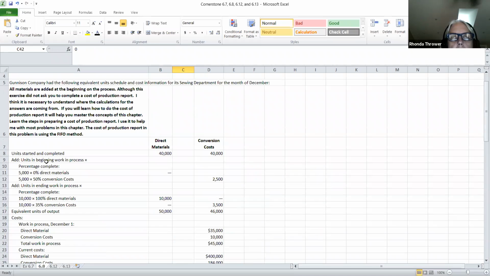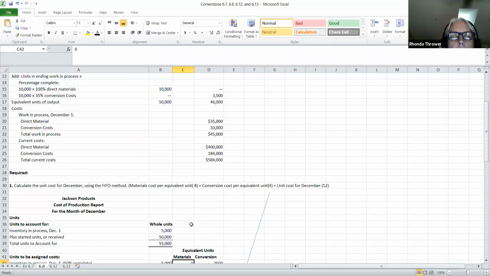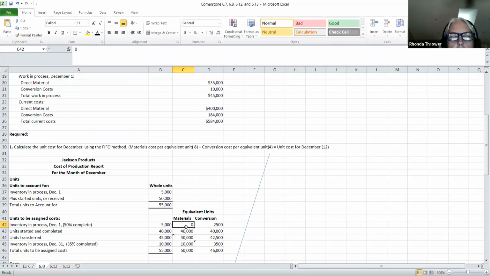Since beginning inventory comes from last period's ending inventory, all of the beginning inventory units have materials in them. So if materials are 100% added at the beginning of the process, there's no need to add any more materials to our beginning inventory units. We've accounted for those in the last month, the last period.